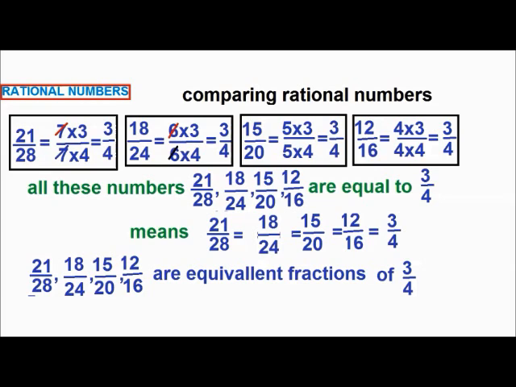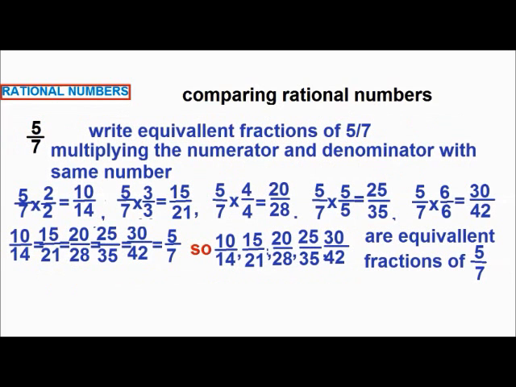So 21 by 28 is equal to 3 by 4. Like that, 18 by 24 is also equal to 3 by 4, 15 by 20 is also equal to 3 by 4, and 12 by 16 is also equal to 3 by 4. So all these numbers, 21 by 28, 18 by 24, 15 by 20, 12 by 16, are equal to 3 by 4. So these are equivalent fractions of 3 by 4.